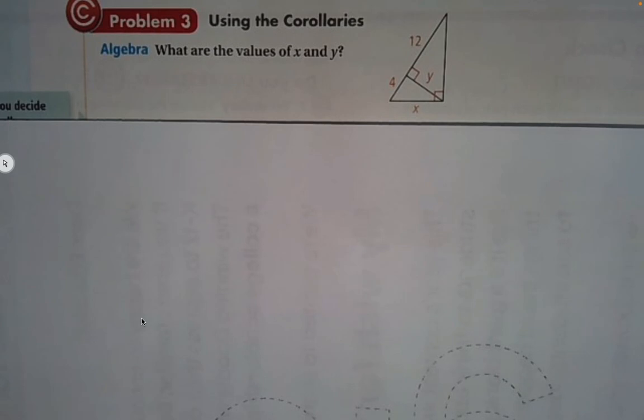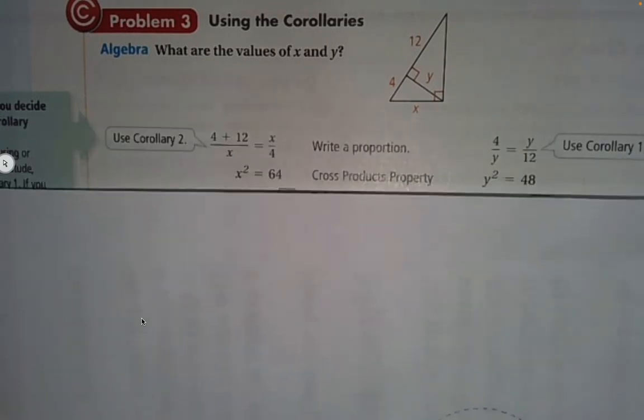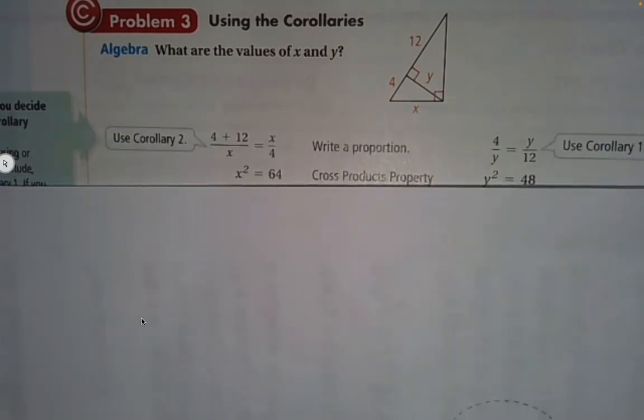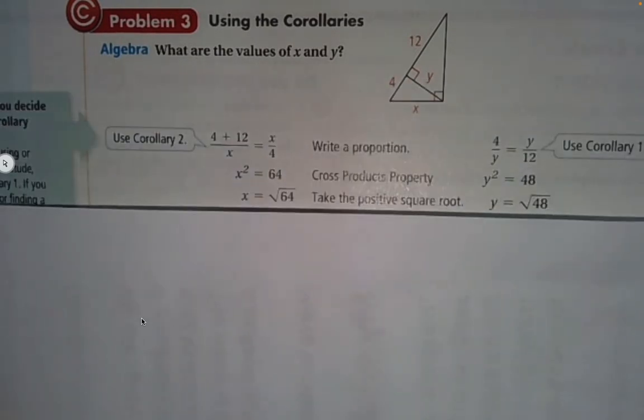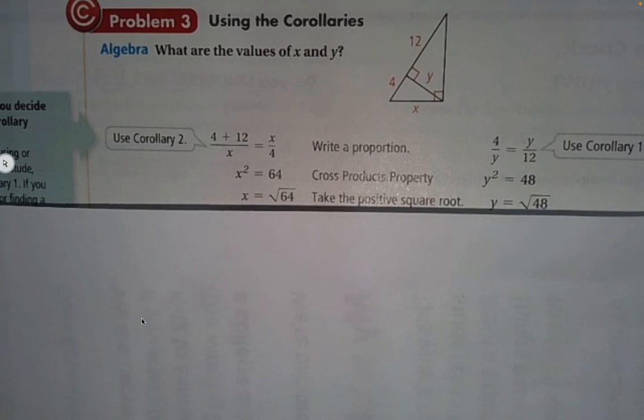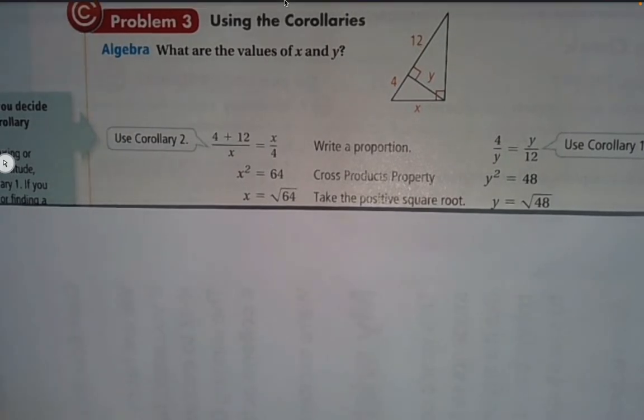Let's do the whole thing. So it'd be 16 over y equals y over 4. Is that what they get? They did x. I would do y. Let me see which one I want to use.